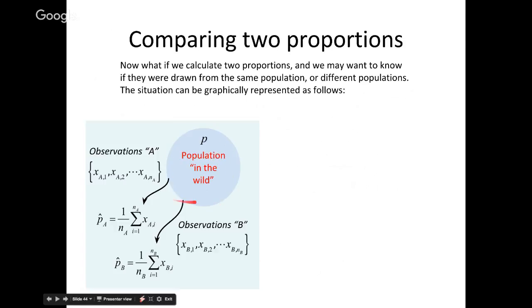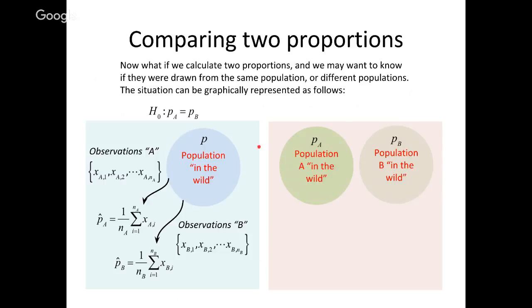Well, in this case, of course, we wouldn't know that, but being all seeing and all powerful, we now know that we were actually sampling the same population. And so in this case, the null hypothesis would apply, that the population proportion would be the same for A and B because it's just equal to P.